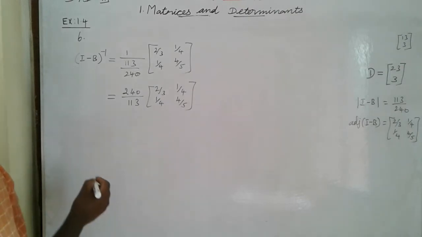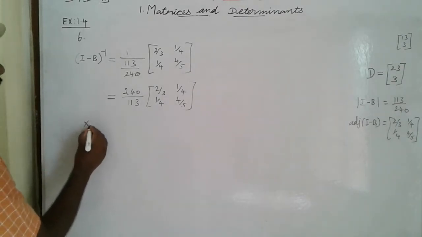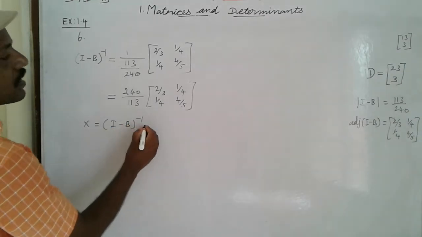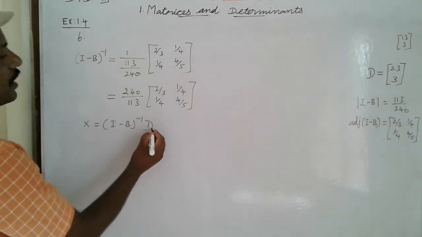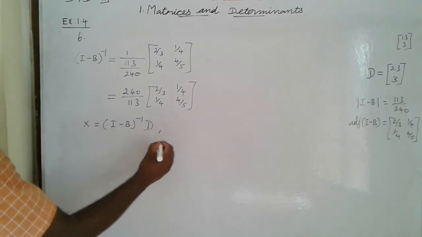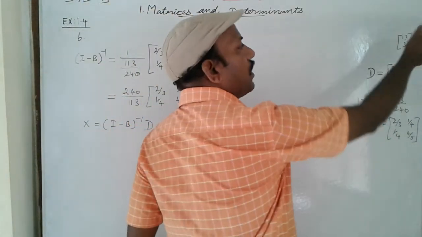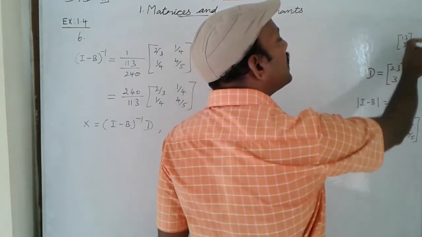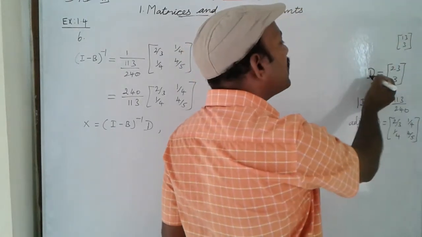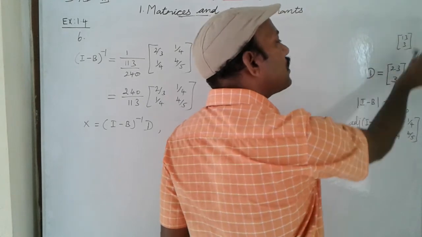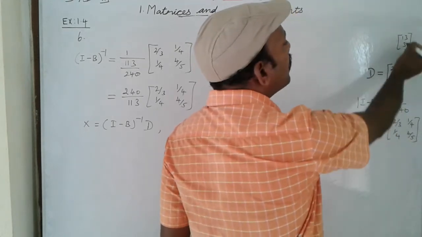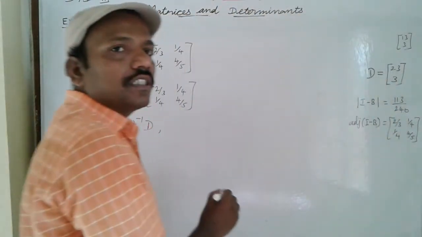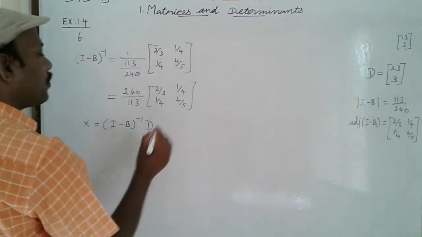We know the formula X equals I minus B whole inverse into D. The demand function is given as 13 and 3, but in the question only the first sector increases, up to 23.